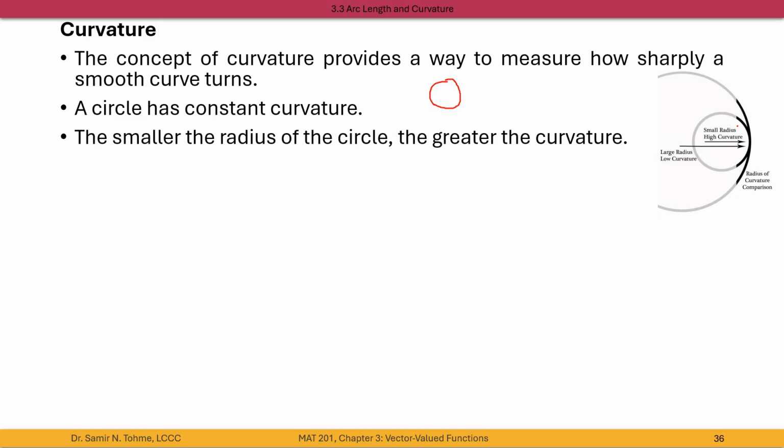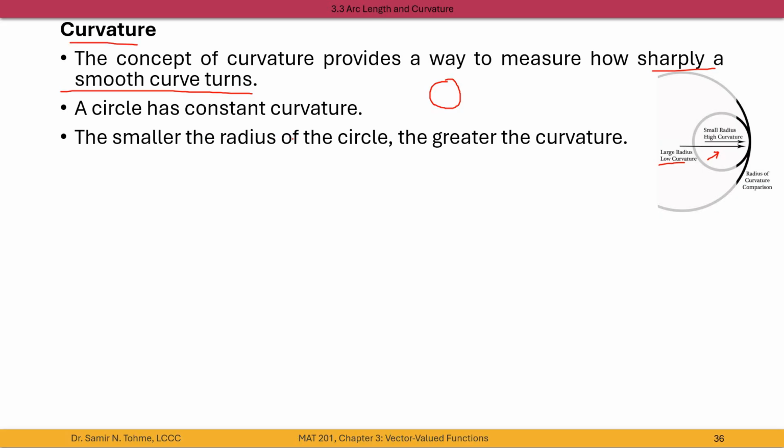As the radius becomes smaller and smaller, the curvature will increase. This one, the bigger one, has a large radius but low curvature. So you can calculate how sharply a smooth curve turns. And this is called curvature.